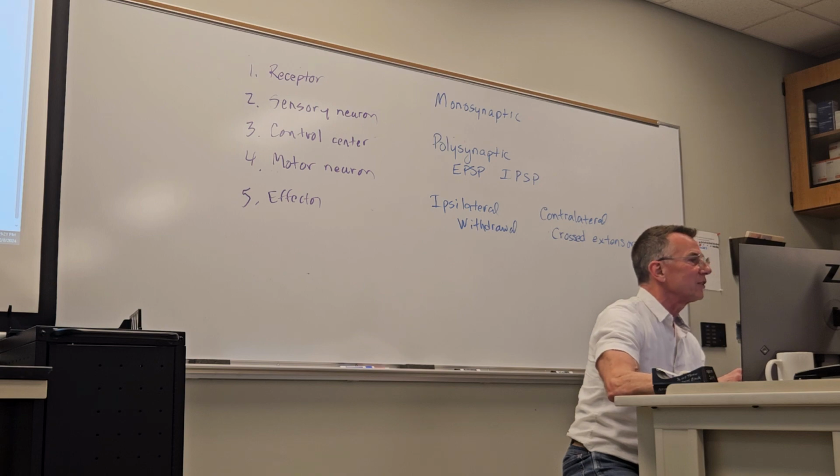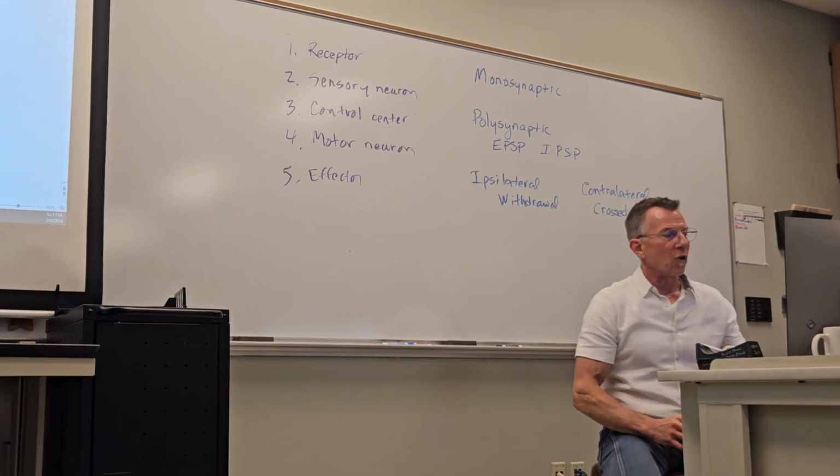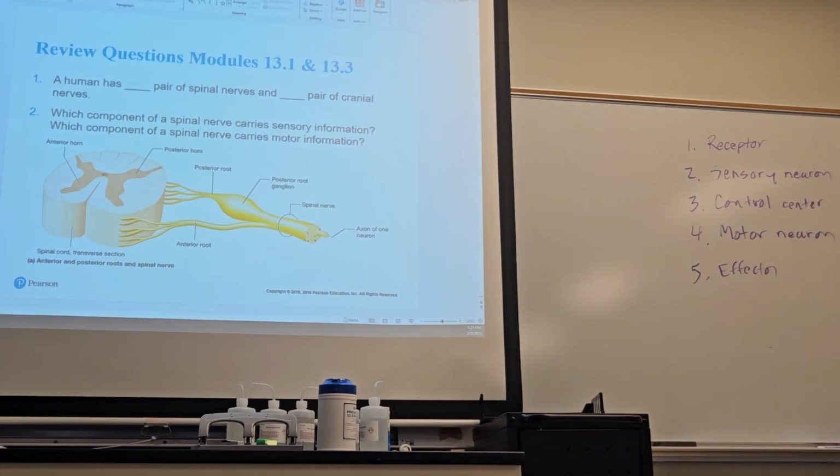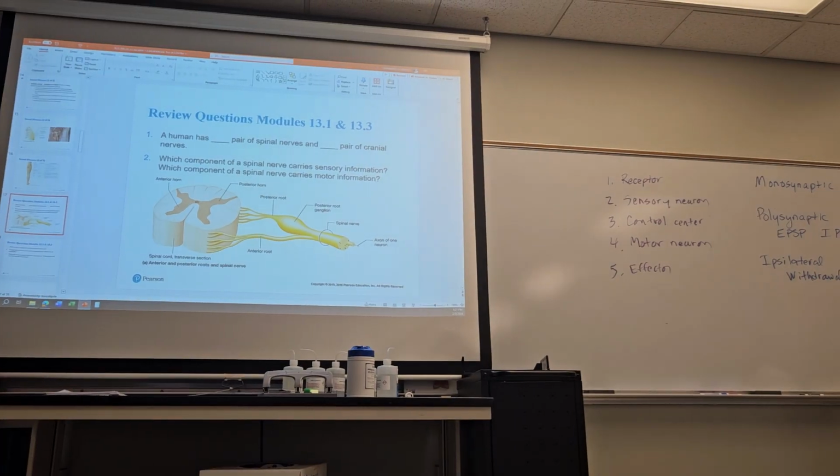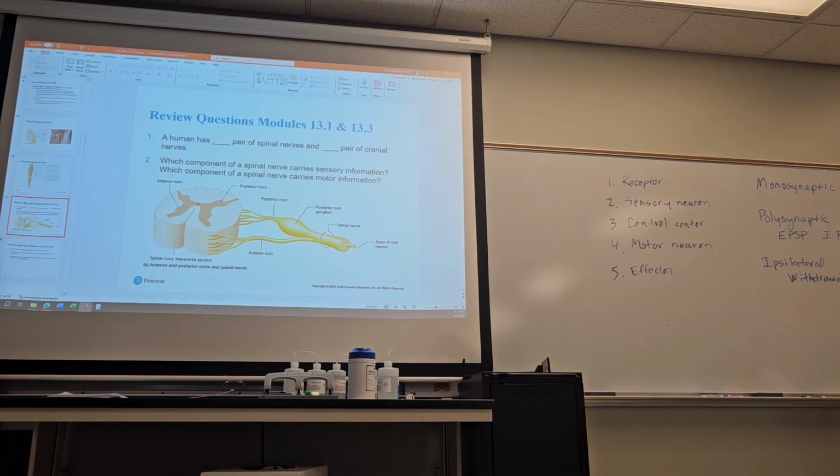Okay, so let's do it this way. What part of the spinal cord carries motor commands? The anterior root, which means that your sensory neurons are going to be on which side? Posterior root ganglion. You're going to remember that by the ganglia, because what's in that posterior root ganglia?